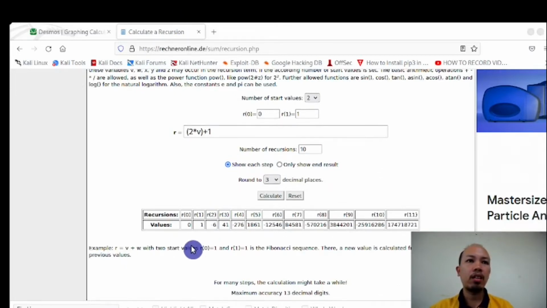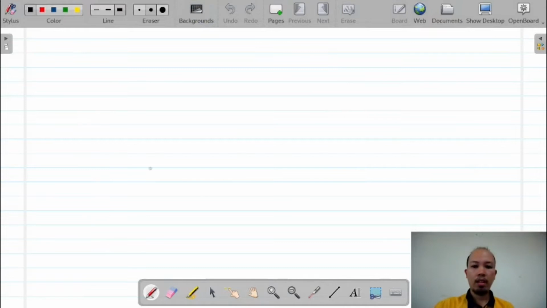Let's try this one here, letter D. Replace n by n minus 2. Anyway, just replace n by n minus 2. So let's open our open board first. F2, where are you?